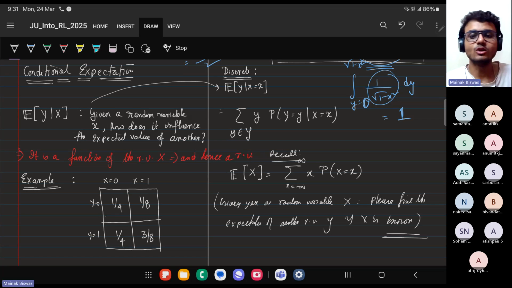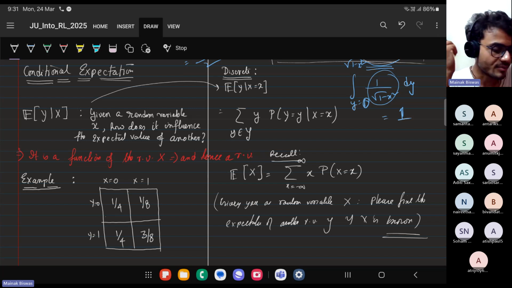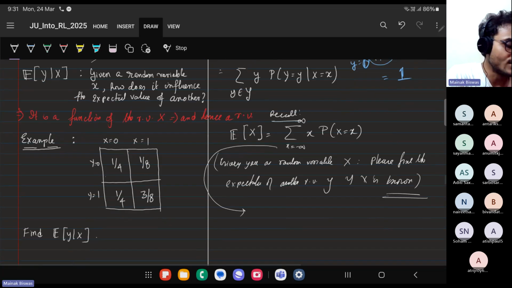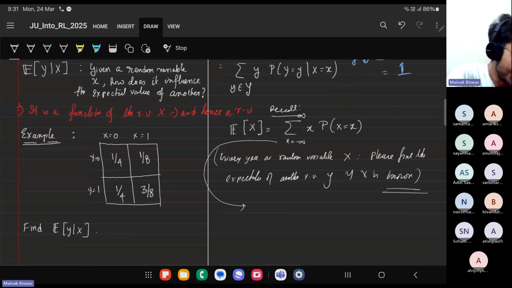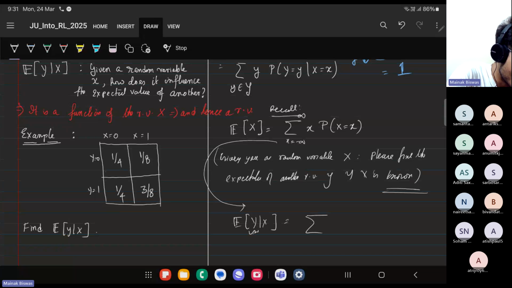This is the intuition of a conditional expectation. We'll see what this actually means in terms of a function, but this is the definition. Just analogous to other probability distributions, we can write the expected value of x given y, or y given x in our case, to be the same thing. Remember, the expected value of y is what we are trying to find.